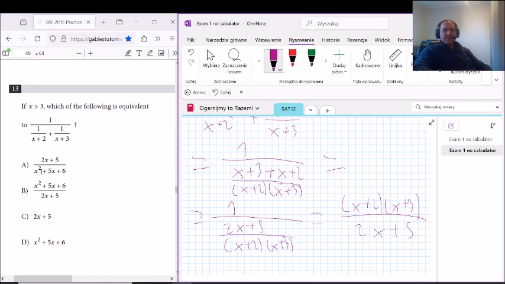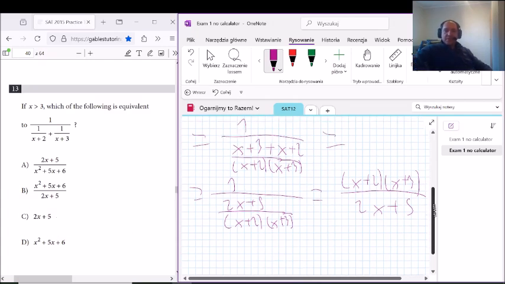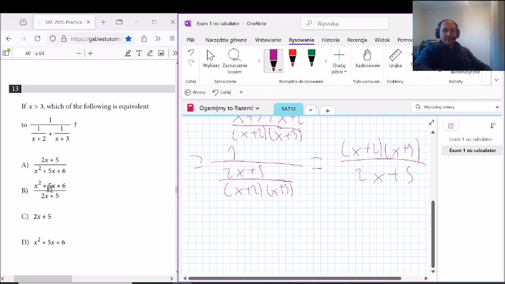So definitely not A. It's 2x plus 5 is in numerator and we want it in denominator. So A will not be okay. B looks promising. C not, D not. So let's just check if we multiply those brackets here, if we will really get x squared plus 5x plus 6.